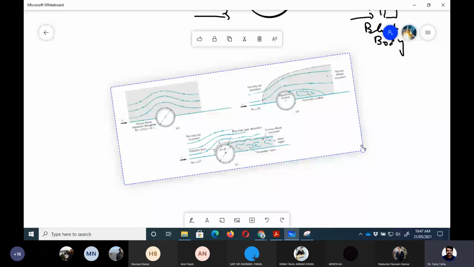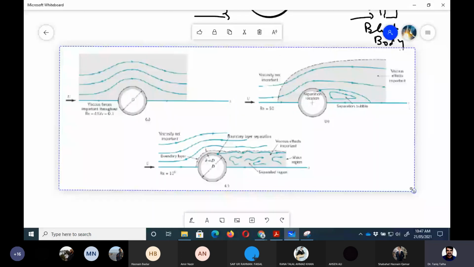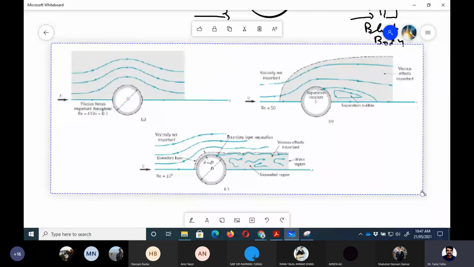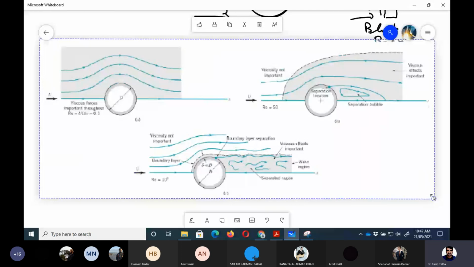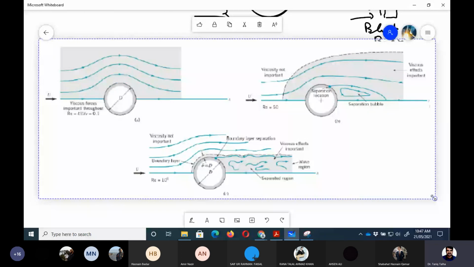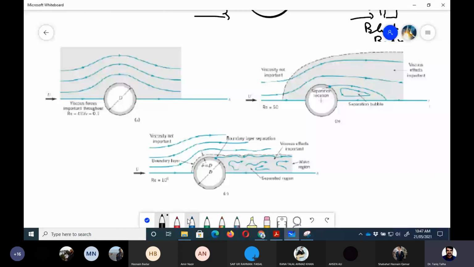Okay, so now again we are going to talk about different cases depending upon the Reynolds number. If you look at figure A, which I am talking about, you can see that the Reynolds number is written here. If it is not visible, I am going to write it. Reynolds number 0.1.